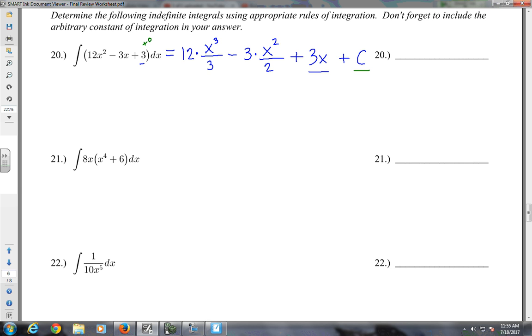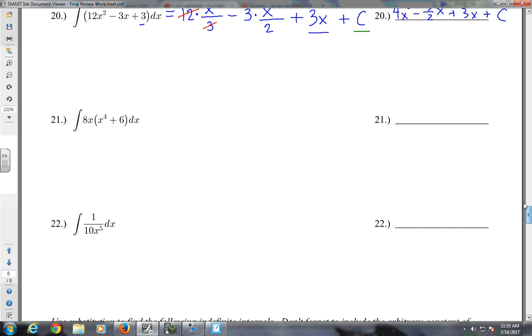So every time you integrate, make sure you include that arbitrary constant. Let's go ahead and simplify here and express our antiderivative. We end up with 4x cubed minus 3 halves x squared plus 3x plus c. Don't forget that plus c, it's worth a point.